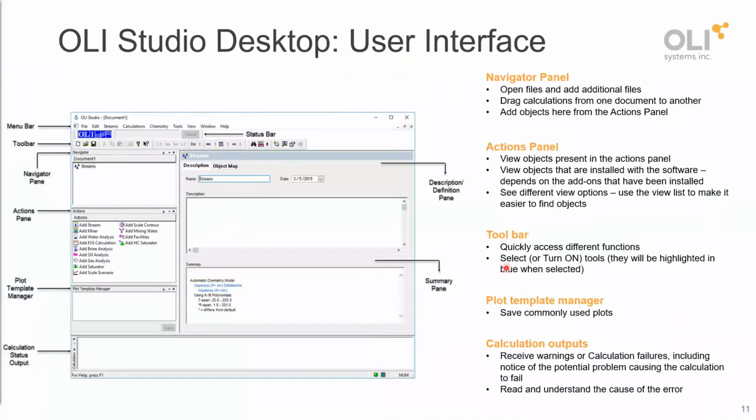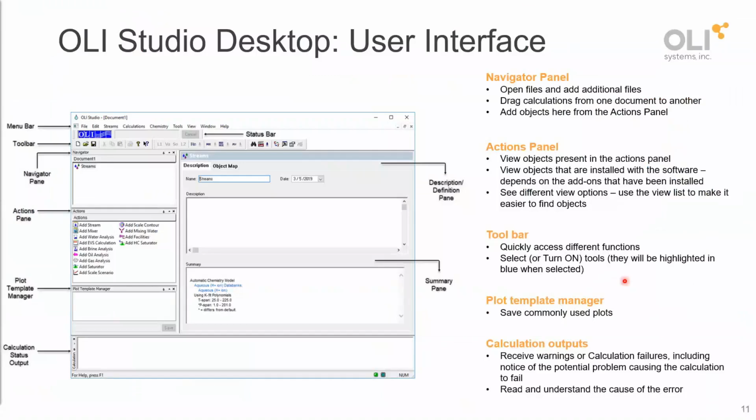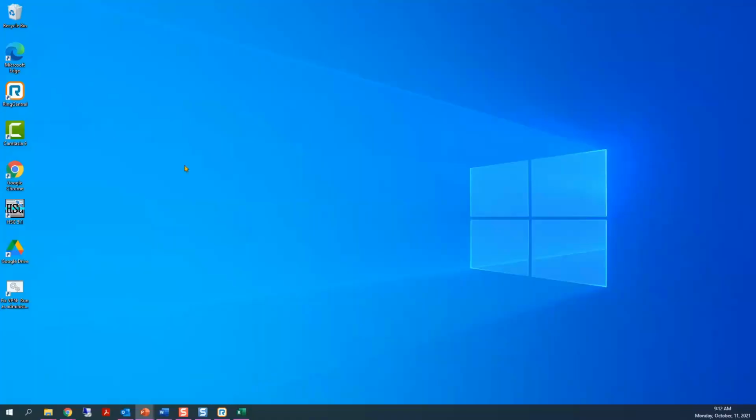Okay, so we can go ahead and open the software. Let me just close this here. I'm not going to save this. See if I can minimize this. You're going to look for the OLI Studio icon.